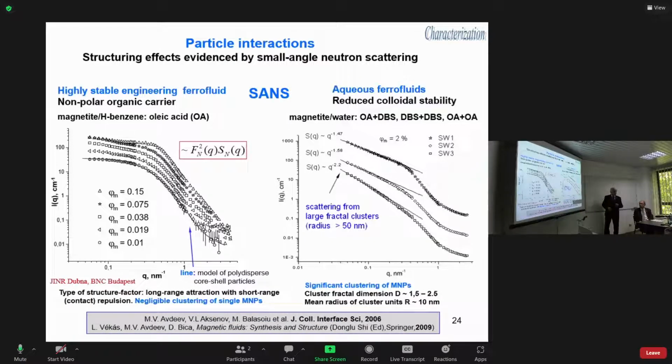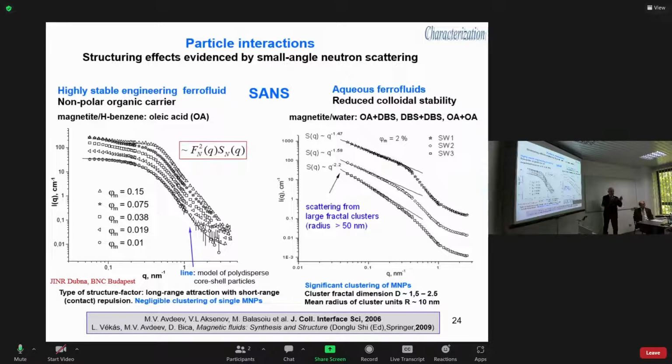Now go to scattering methods. We have practiced this for about 25 years. And here you have a difference between a very stable ferrofluid, here the scattering pattern, and the less well stabilized, the water-based ferrofluids. Here I would like to mention that water is the most difficult carrier possible.